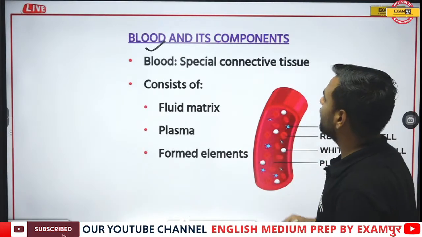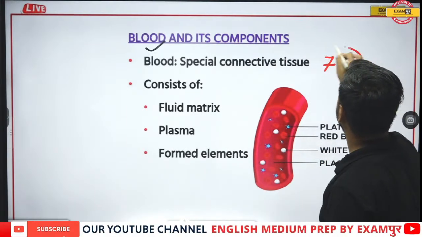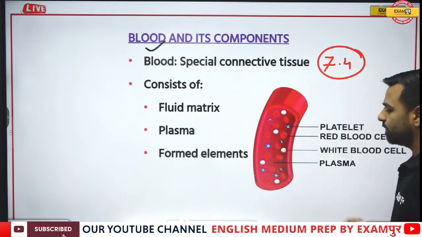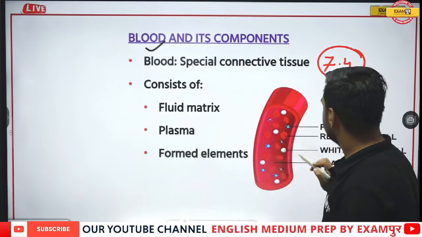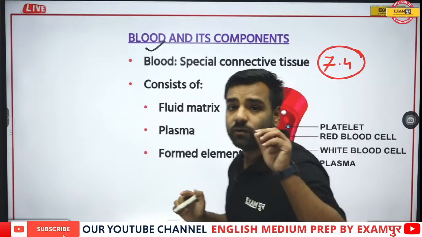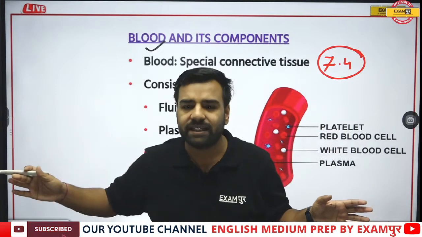Now, if someone asks you about its pH value, please remember its pH value is 7.4. Now, since I'm talking about the pH value, what is it? The pH value denotes what things are acidic in nature and what things are basic in nature.